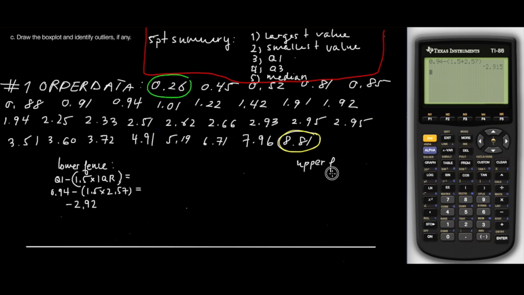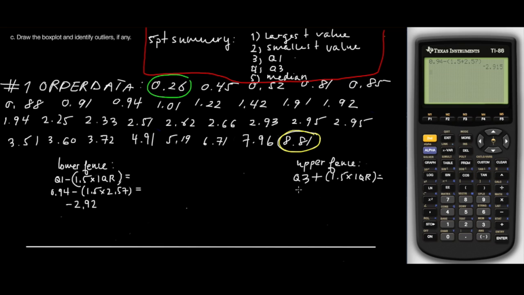And now we need our upper fence. So we will repeat a similar process. Our upper fence is going to be Q3 this time, plus 1.5 times IQR.